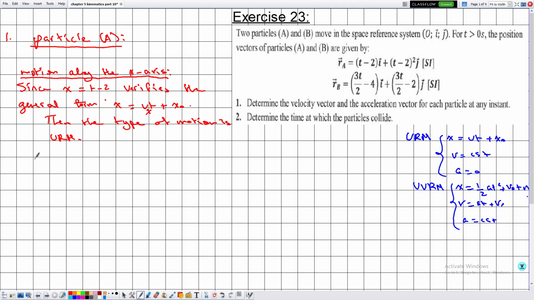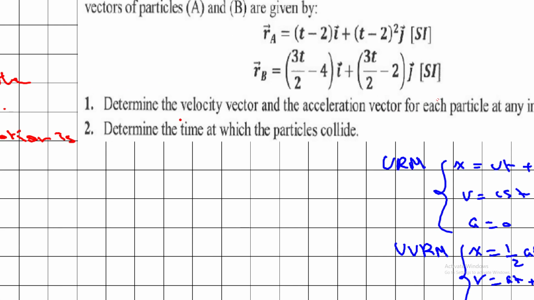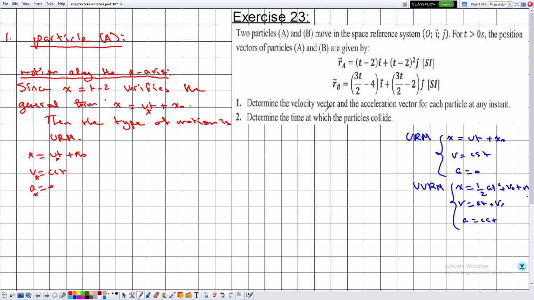In this case we can use the following equations: x equal to vt plus x0, v equal to a constant, and the acceleration equal to 0. We are interested in determining the velocity vector and the acceleration vector. The velocity vector is given by vx i plus vy j. As for the acceleration vector, it's given by ax i plus ay j.